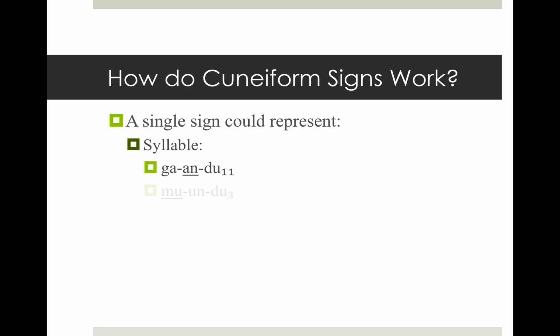So ga an dug 11. This is another verbal chain. And mu, even though mu by itself could mean name or text or year, here it's just a verbal prefix. So it's used as a syllable, mu. Mu un dug 3. And the same thing here. The word shesh means brother.